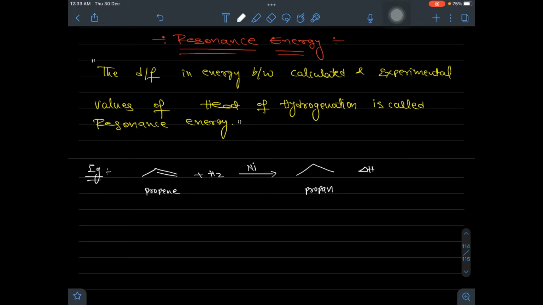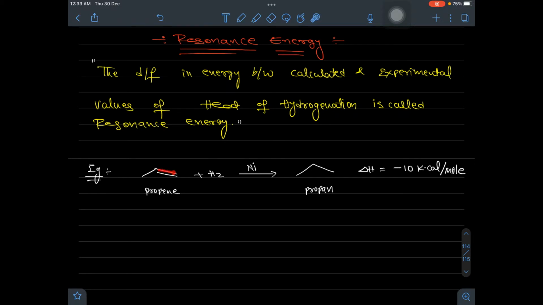The enthalpy of reaction, the heat of hydrogenation, is equal to minus 10 kilocalories per mole, some approximate data I am writing.